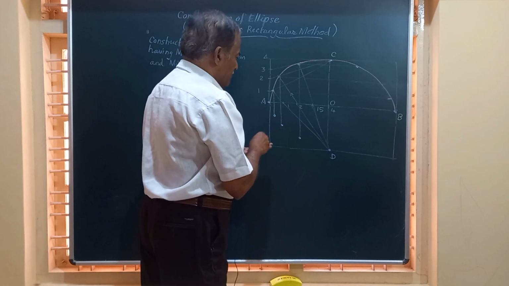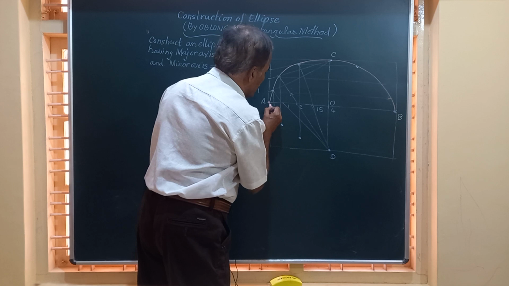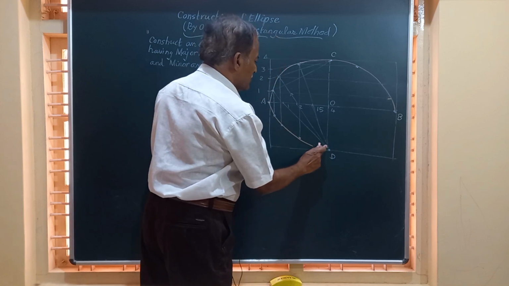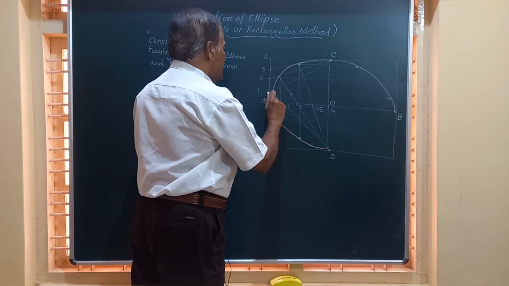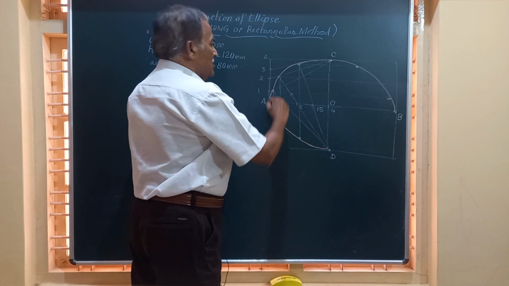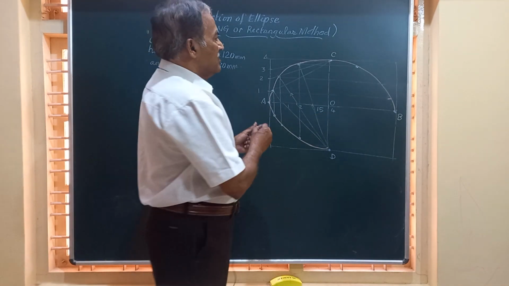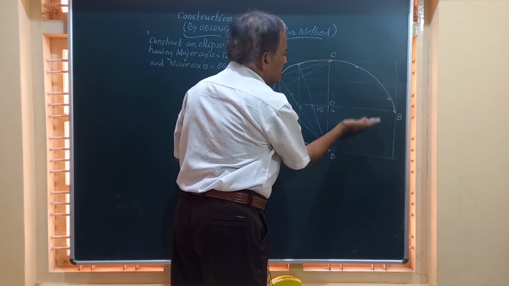Let us join them by a smooth continuous curve as we have done before. So friends, we have completed 3/4 of the ellipse. Now, this portion between C and B is symmetrical here.